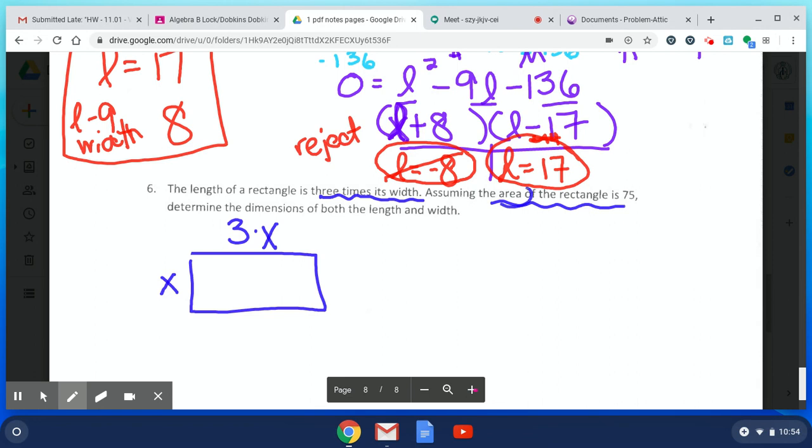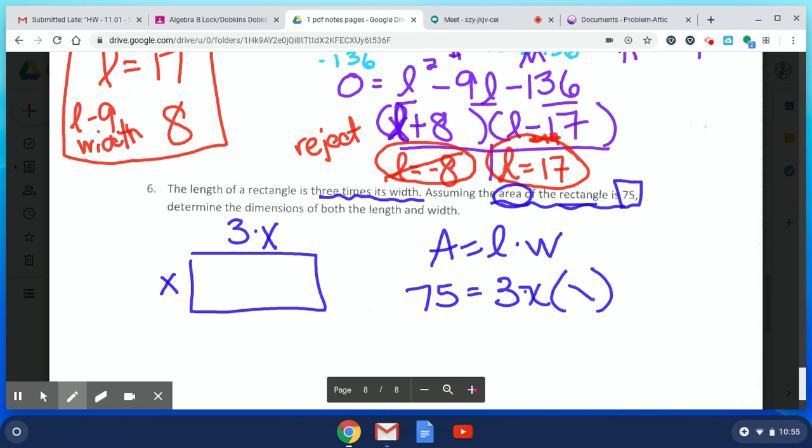So again, the area of a rectangle formula is area equals length times width. The area measure they gave us is 75 equals 3x, the length, times the width of x.